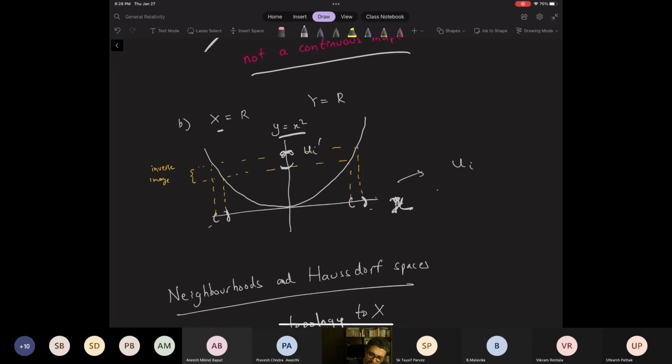The union of these two is some ui, and that does belong to the usual topology of real numbers. So in this case, you can see that this is a continuous map, and a continuous function is what you would think of as a continuous map.